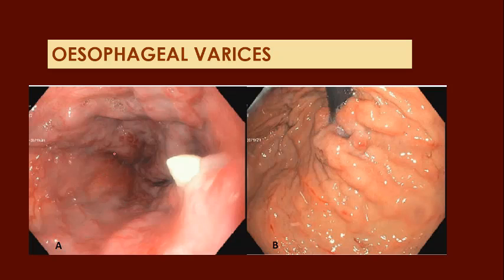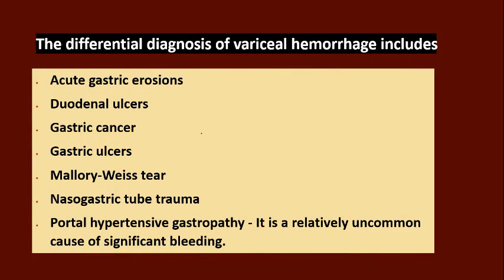The differential diagnosis of variceal hemorrhage includes the following: acute gastric erosions, duodenal ulcer, gastric cancer, Mallory-Weiss tear, nasogastric tube trauma, and portal hypertensive gastropathy.